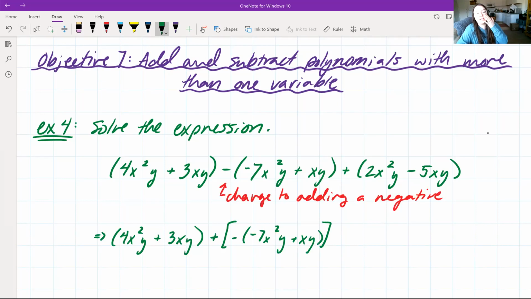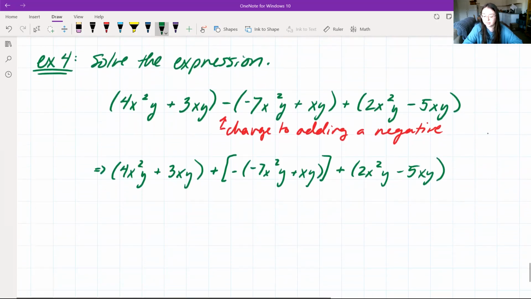And we're just applying that negative to our second expression here. Since we add or subtract in order from left to right, we can just focus on our subtraction between our first two terms. Just because there's a subtraction sign there doesn't mean that we have to subtract the rest of our expression in this case. So we can still just have plus 2x squared y minus 5xy there on the end.